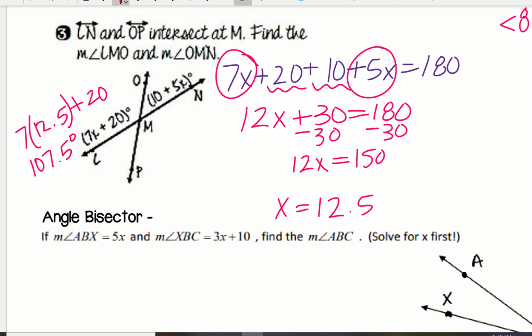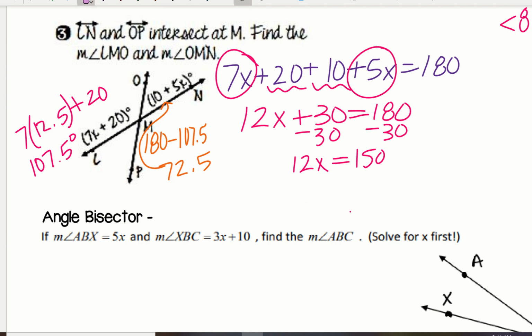And then remember, for OMN, I could plug 12.5 in again, or what else could I do? Subtract it from 180. So I'm just going to do 180 minus 107.5, which gives me 72.5 for that one right there.